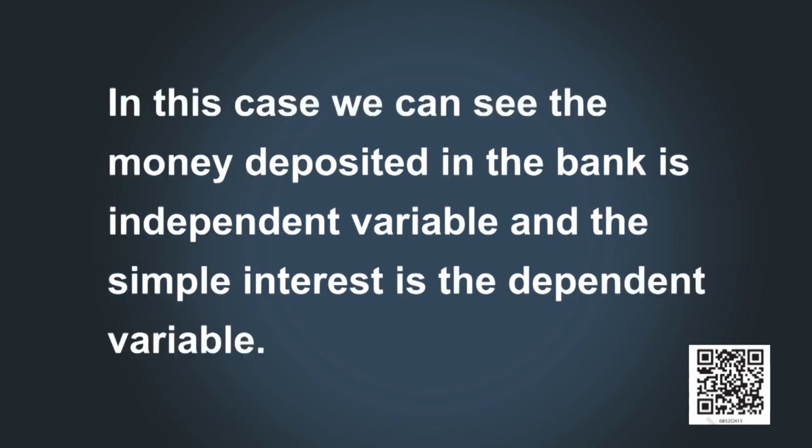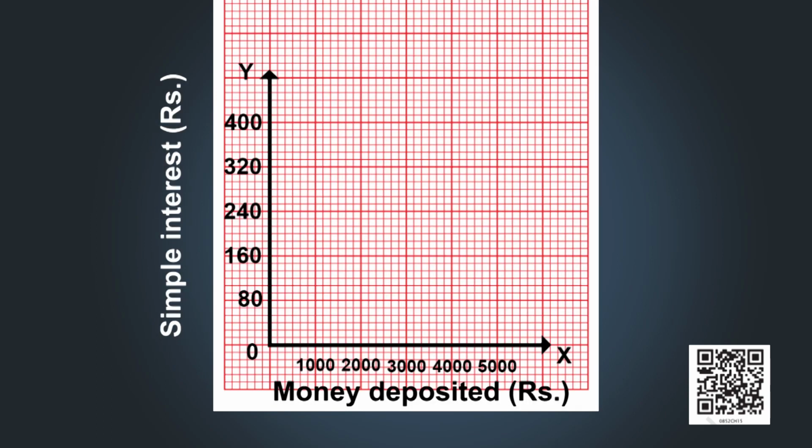In this case, we can see the money deposited in the bank is the independent variable and the simple interest is the dependent variable. To solve the problem, first mark the money deposited in x-axis and the interest in y-axis.